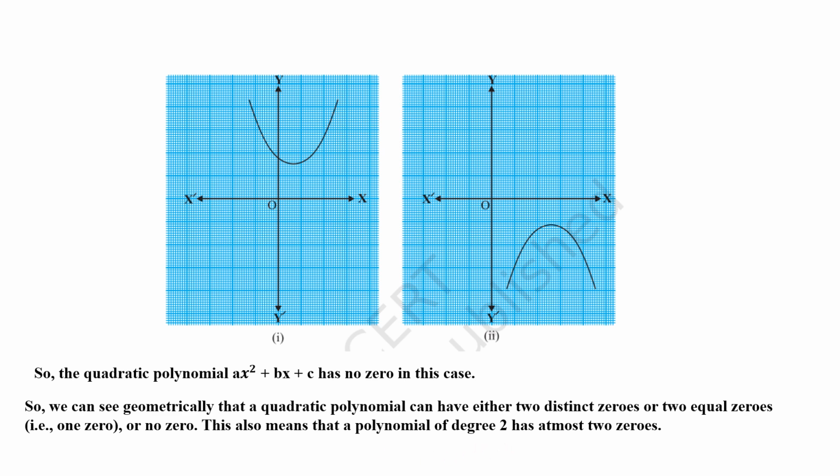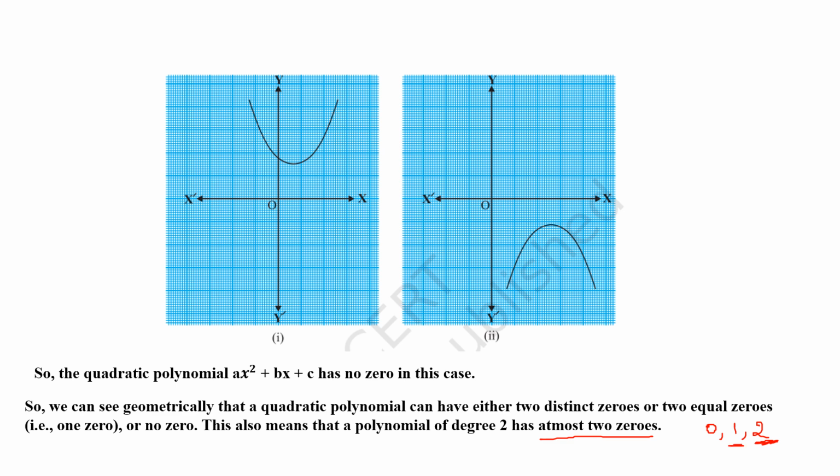Now what is the meaning of at most two zeros? Many children get confused between at most and at least. At most two zeros means it can have either 0, 1, or 2 zeros. In case 1 we have seen it was having two zeros because it was intersecting the x-axis at 2 points.